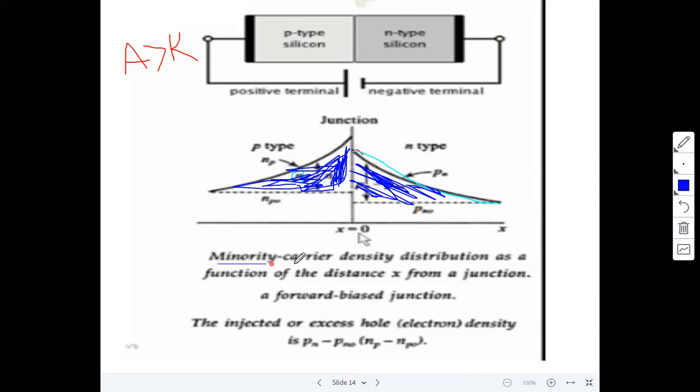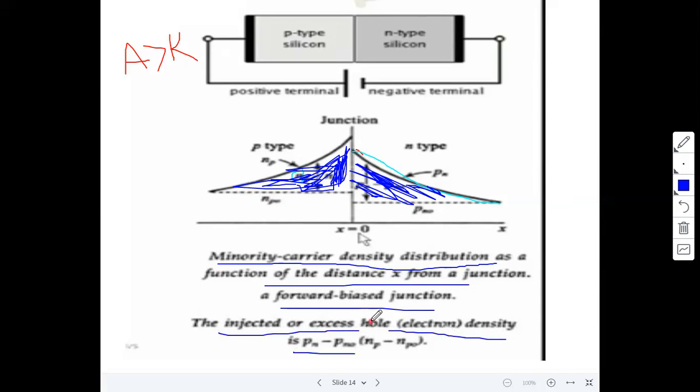That's why this is the minority carrier density distribution as a function of distance x from the junction in forward bias. The injected carriers are excess hole or electron density: excess hole density Pn minus Pn naught, or excess electron density Np minus Np naught.